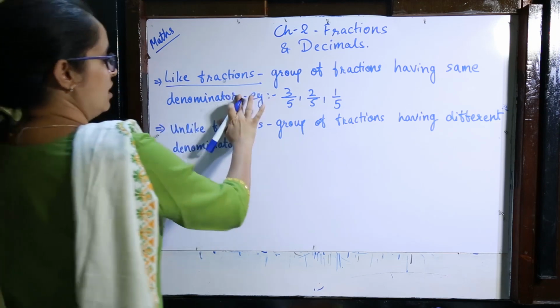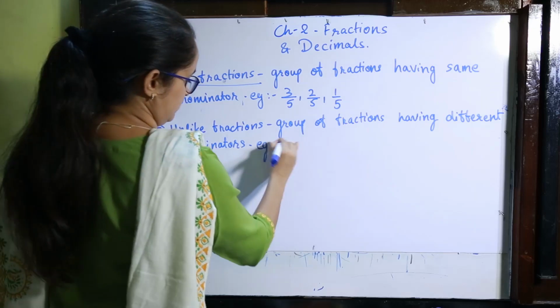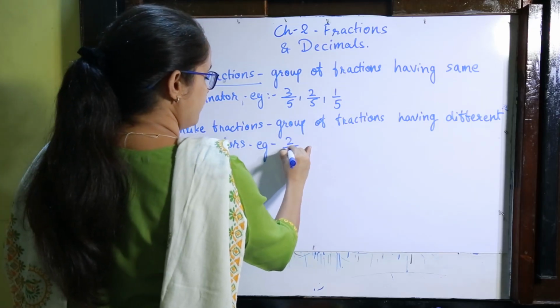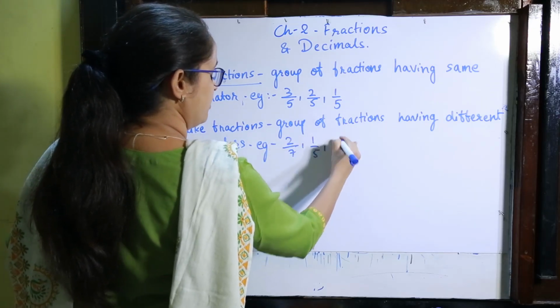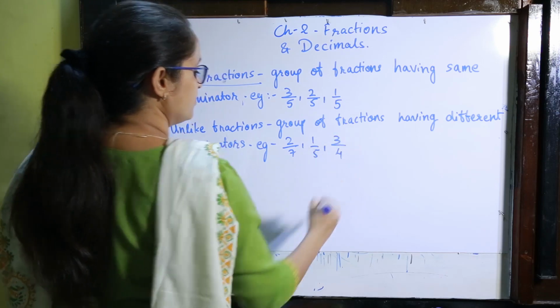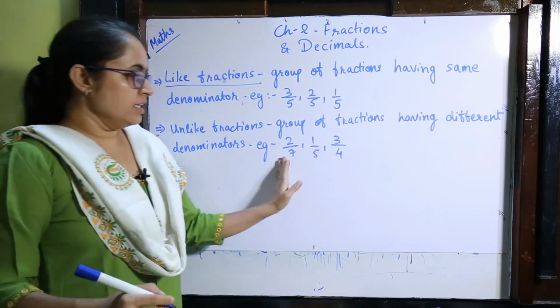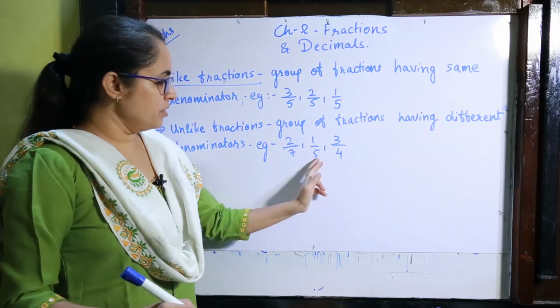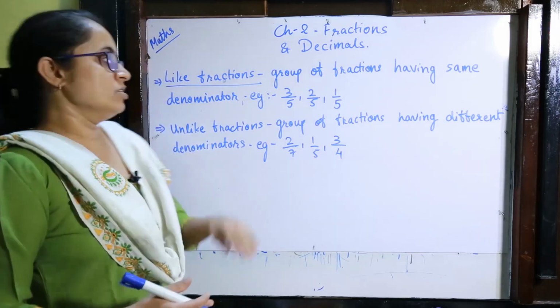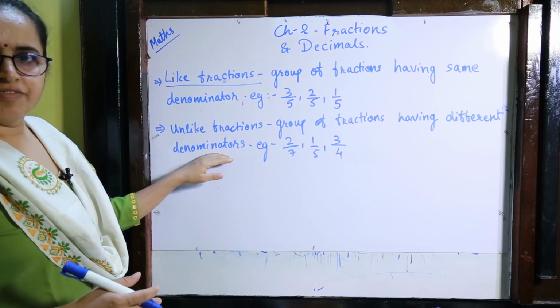Examples: 2 upon 7, 1 upon 5, 3 upon 4. As you can see, in these fractions the denominators are different. So these are like fractions and unlike fractions.